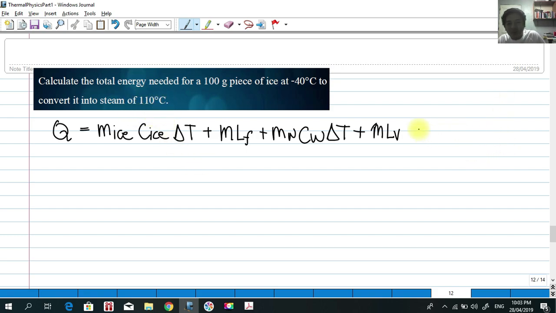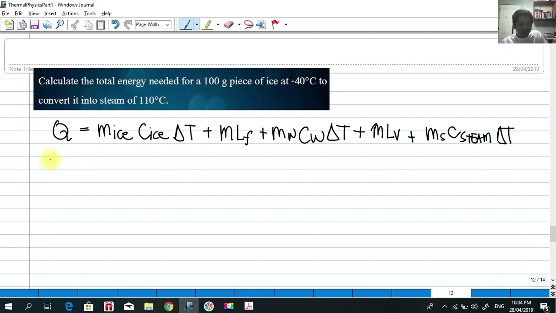So we add the m of the steam times the c of the steam times delta T. That's the total energy needed for a 100-gram piece of ice at negative 40 degrees Celsius to convert it into steam of 110 degrees Celsius.